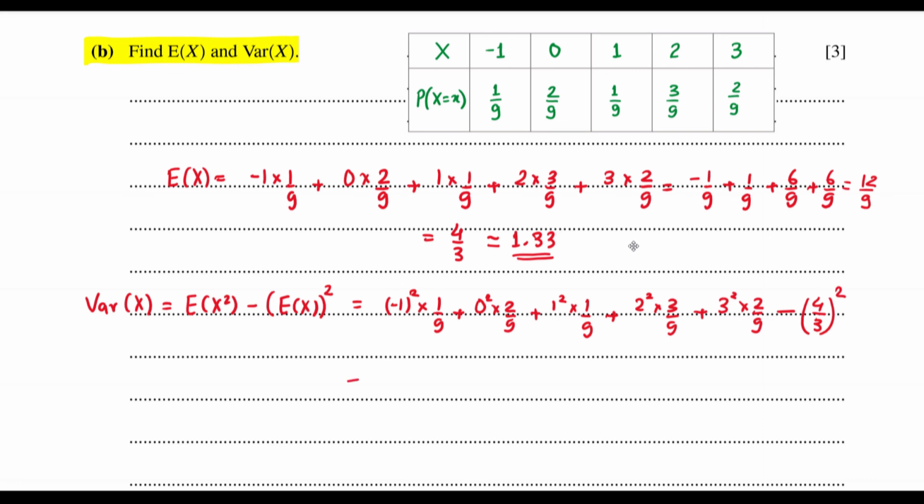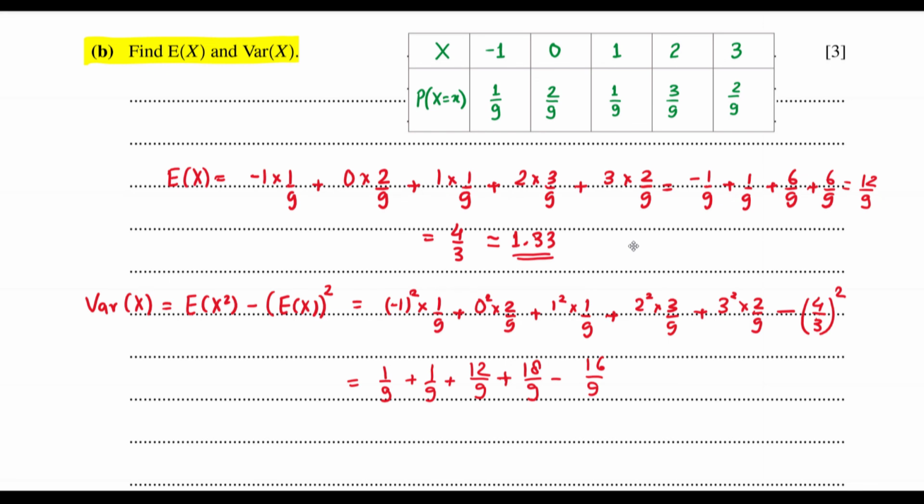So we will calculate now. 1 square is 1, so it becomes 1 over 9 plus 0 plus 1 over 9 plus 4 into 3, 12 over 9 plus 3 square is 9, 9 into 2, 18 over 9 minus 16 over 9.